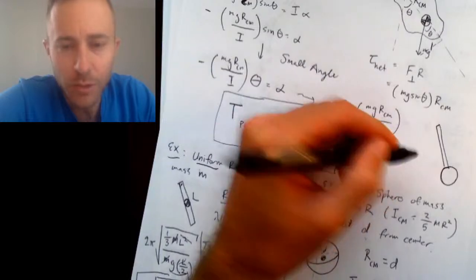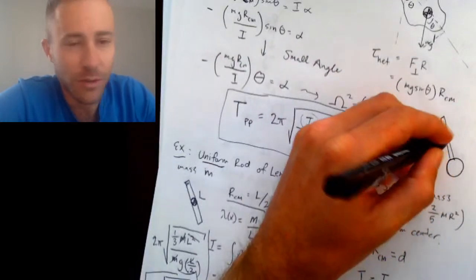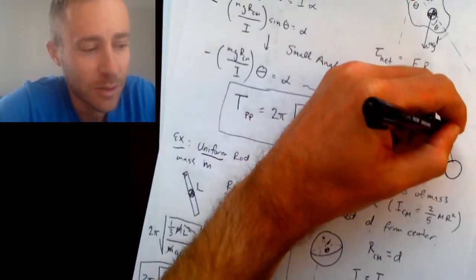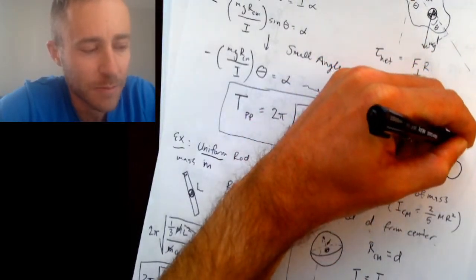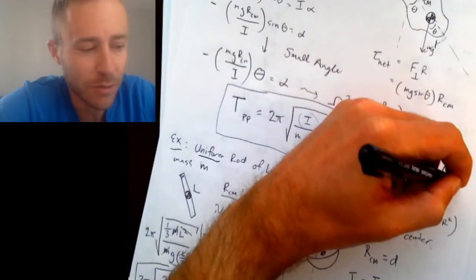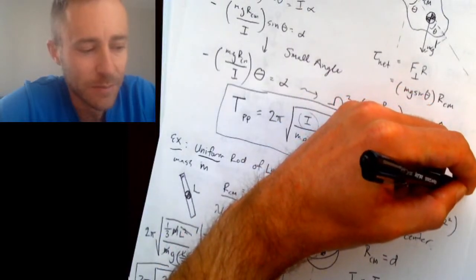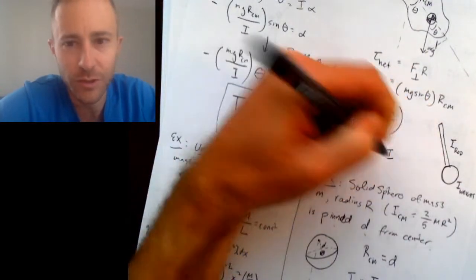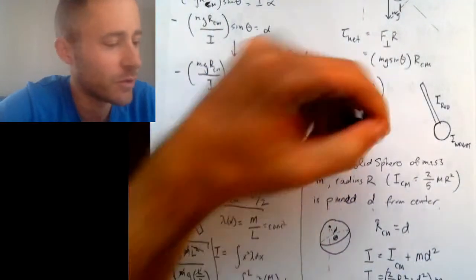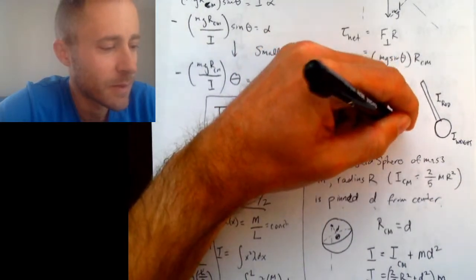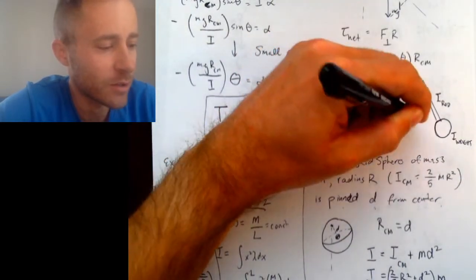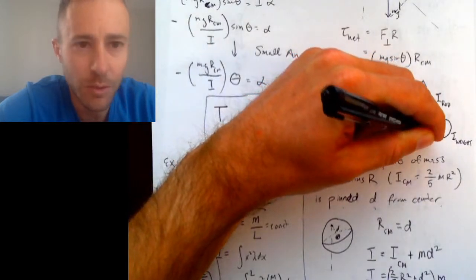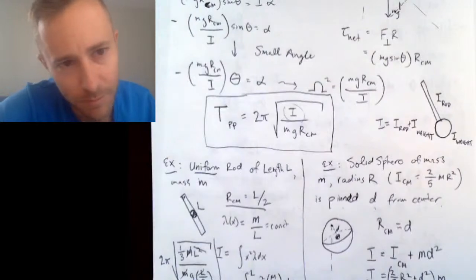What you would do is calculate the total inertia of this composite body by finding the inertia of the rod and then the inertia of the weight. Your total inertia is just going to be the sum of those two. So you calculate the inertia by building it up out of simpler components.